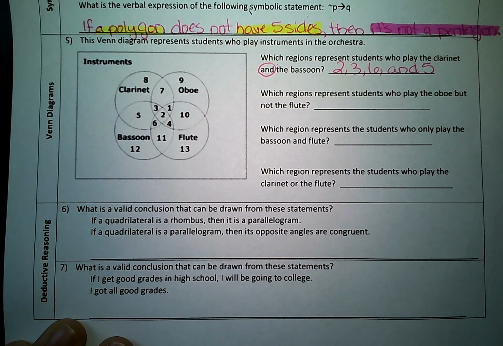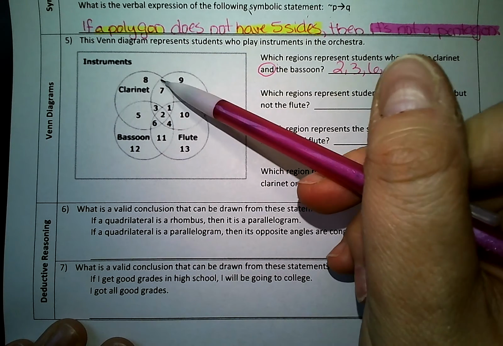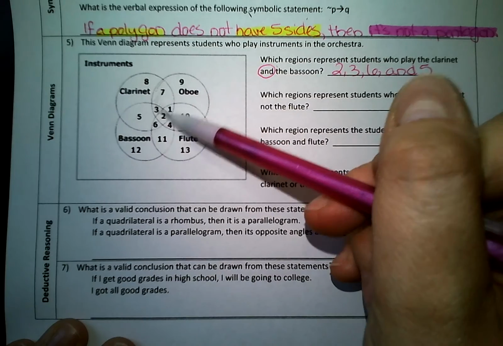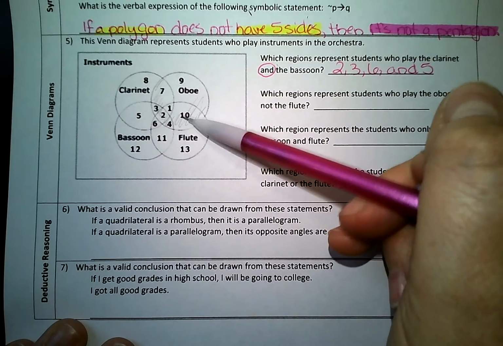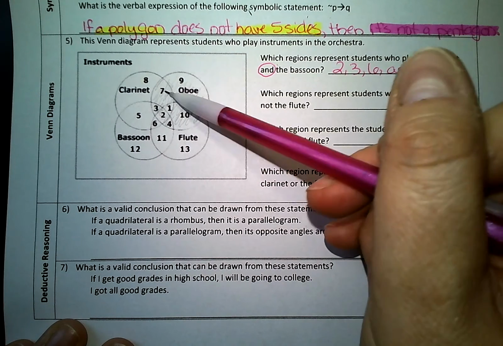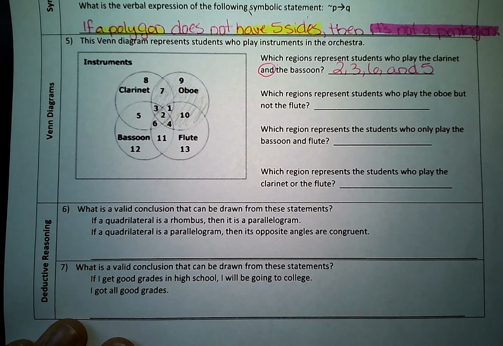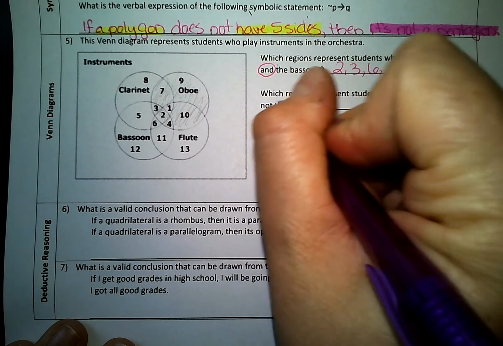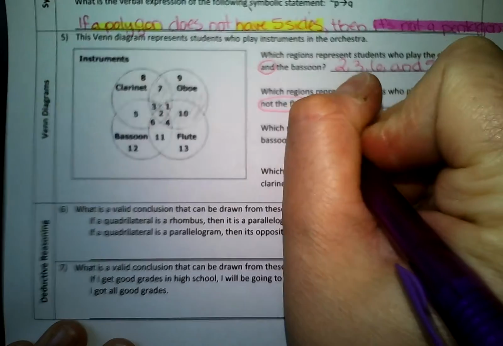Next, we're looking for which regions represent students who play the oboe but not the flute. Well, first, I think what I'm going to do is shade every single region that represents students who are playing the oboe. That's every single region in the oboe bubble. Then, I'm asked to exclude the students who are not playing the flute.